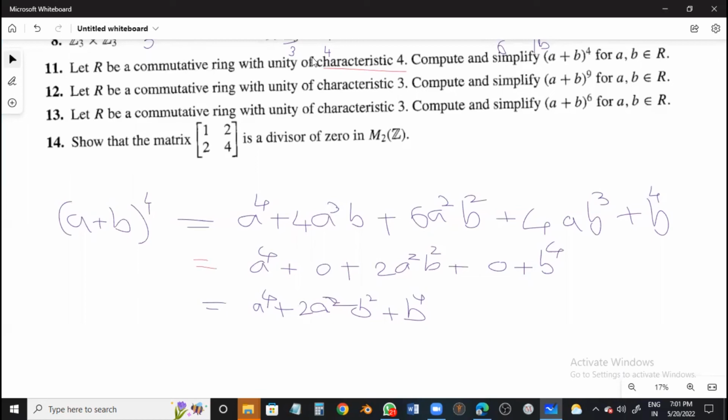Now, a raised to 4 and b raised to 4, I can't guarantee. But 6, I can bifurcate as 4 plus 2. So 4 times whatever I get is 0. What I'm left with is only twice a square b square. So the simplification is a raised to 4 plus twice a square b square plus b raised to 4. Followed me?